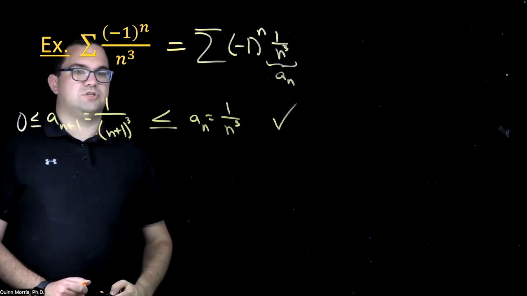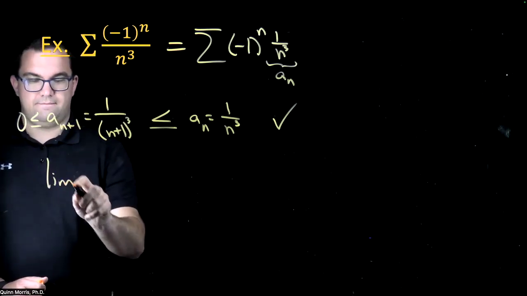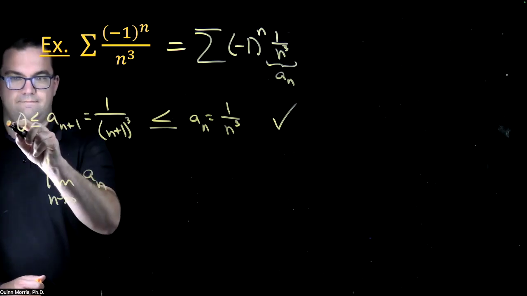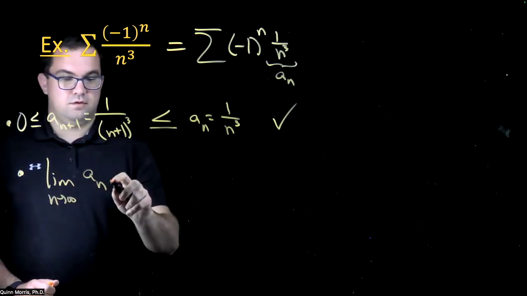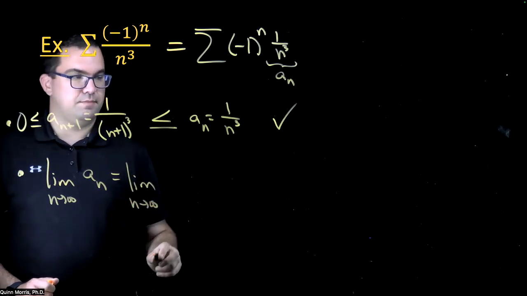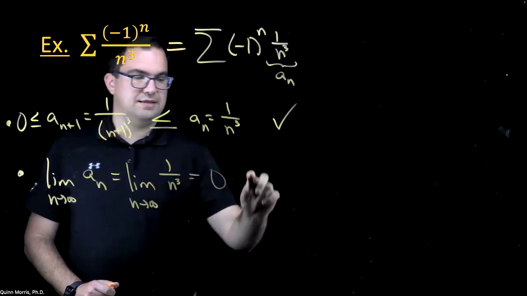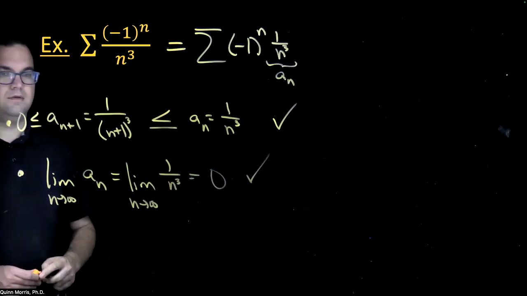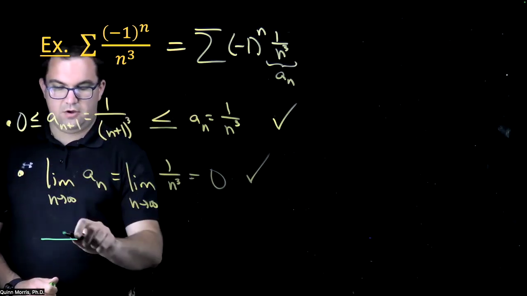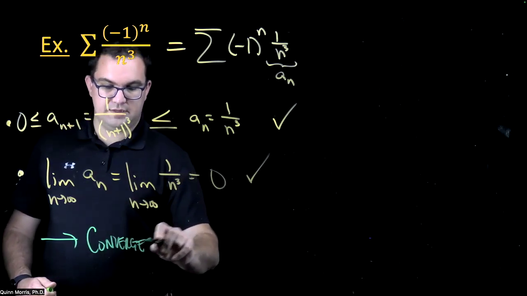Now we just need to look at the limit as n goes to infinity of a_n. That's going to be the limit as n goes to infinity of 1 over n cubed, and certainly that is 0. And so that's the second condition of our alternating series test, and so this series converges by the alternating series test.